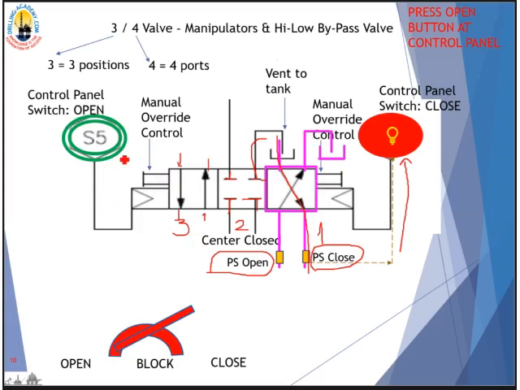And when we press the open button here, what will happen to this valve? This valve is air piloted, sorry, my mistake, air piloted. Air will be supplied to this end.